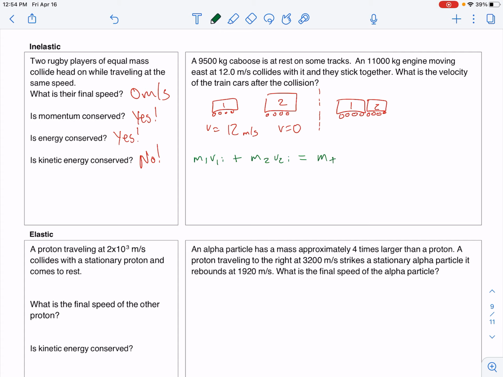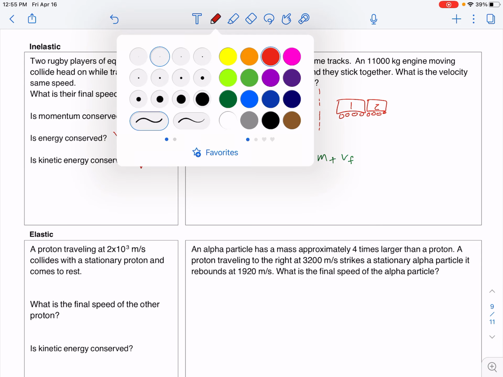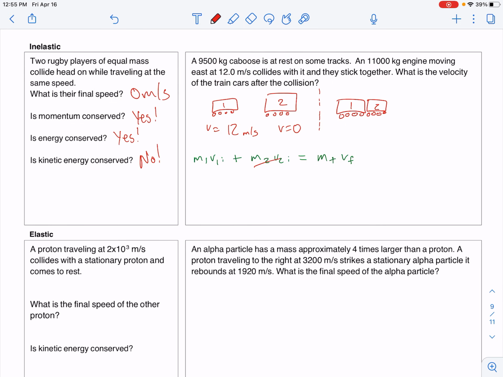So I'm going to do total mass times final velocity. In this case, the momentum of the second train before the collision is 0, because it's not moving, so its velocity is 0. So all the momentum in the system before the collision is due to train number 1, which is going to be equal to the total momentum of the system after they collide.